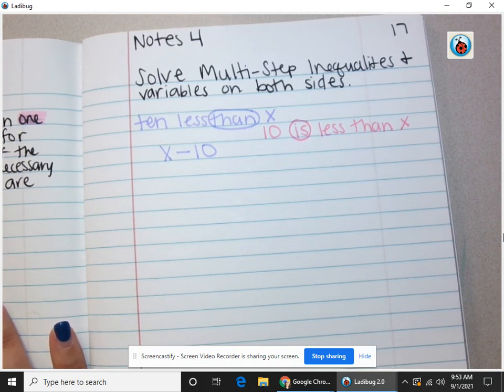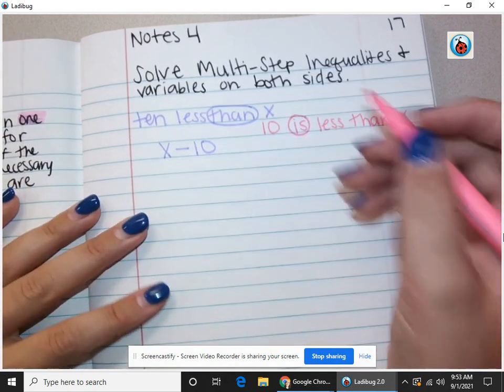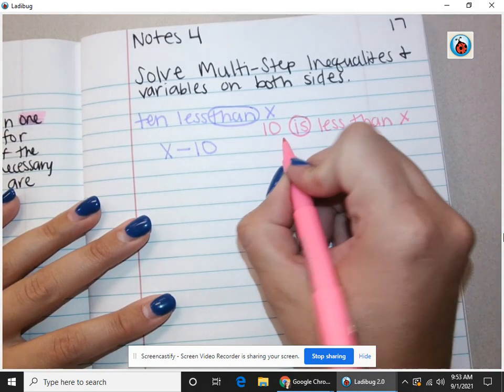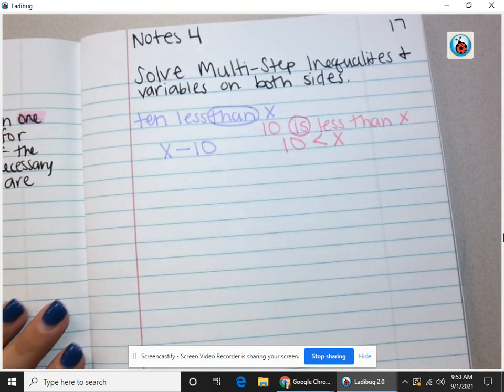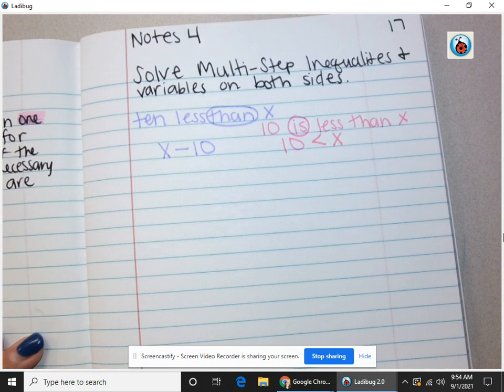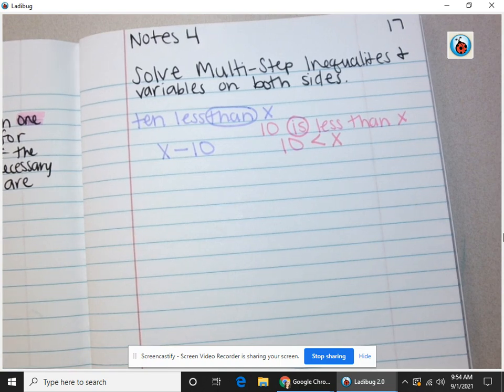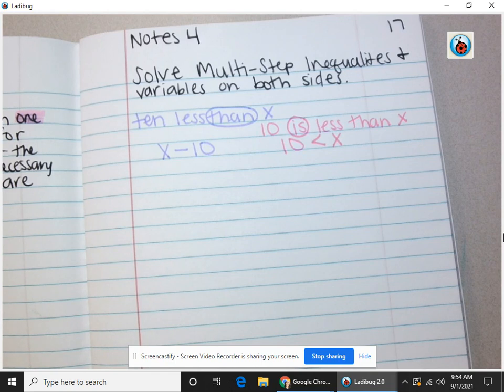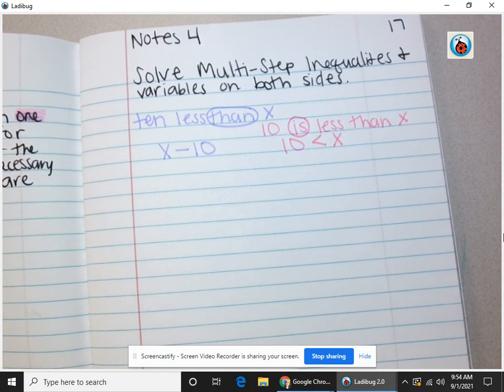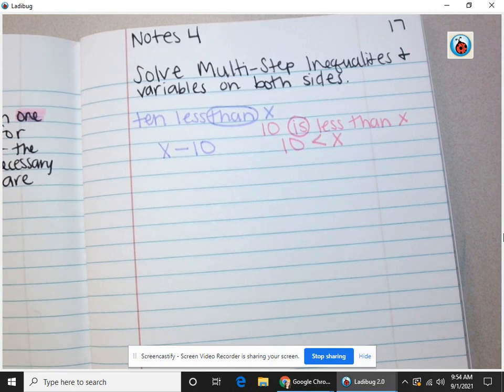So because of that one little bitty, 2-letter word, we have the inequality of 10 is less than x. That is the only thing that changed. Now, I just hit on that. You have a few problems over today. It's going to be incorporated in other stuff as well.